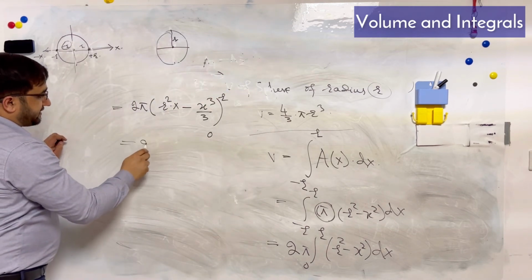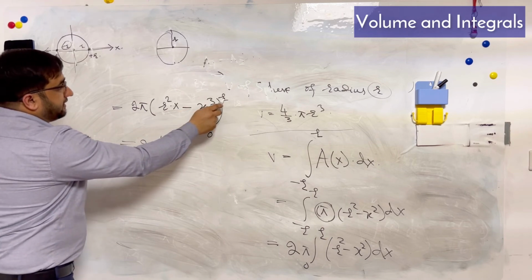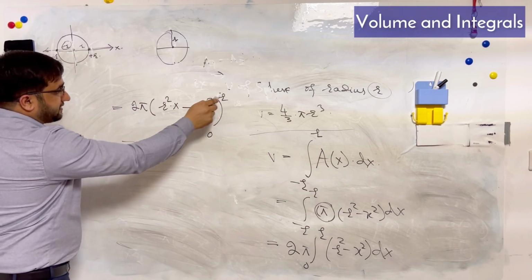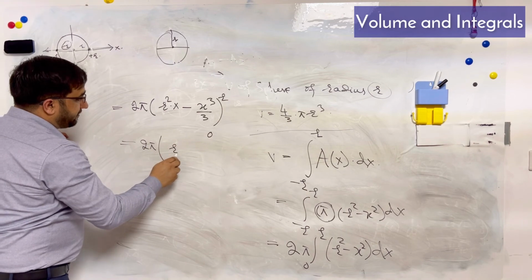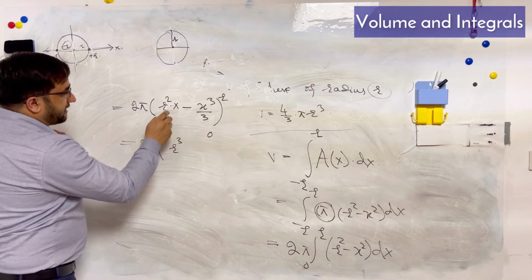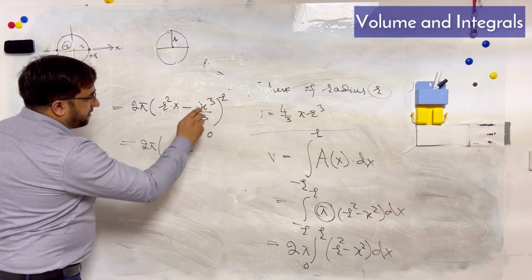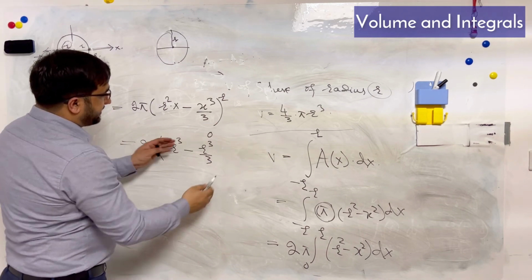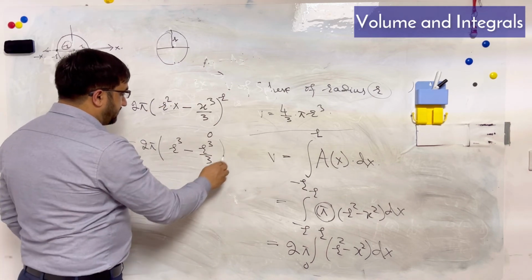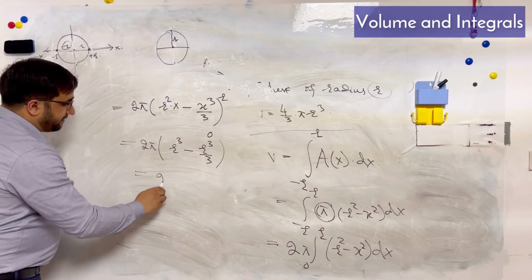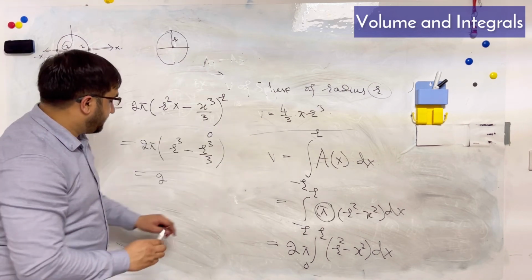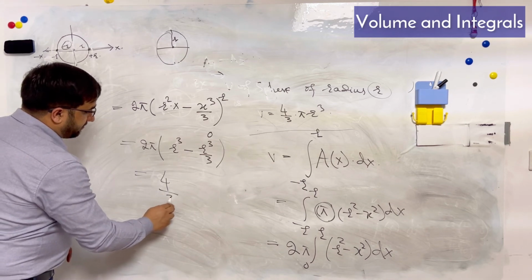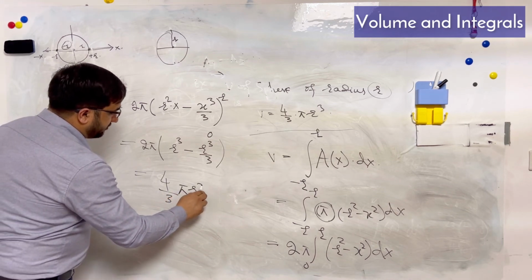When you plug in these limits, it will be 2 pi, r square times r becomes r cube, minus r cube by 3, and the second limit is 0, so both will become 0. Simplify them, and it will be 4 by 3 pi r cube.